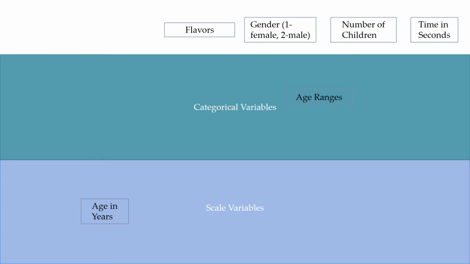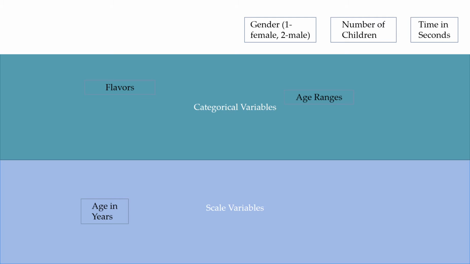Okay, now we have flavors, and so flavors would be categorical, right? You could have different ice cream flavors, vanilla, chocolate, strawberry, whatever your favorite is, and so that would be categorical. Now we have gender, and we're going to label one as female and two as male. So you're like, oh, there's numbers, so that has to be scale, but you'd be wrong.